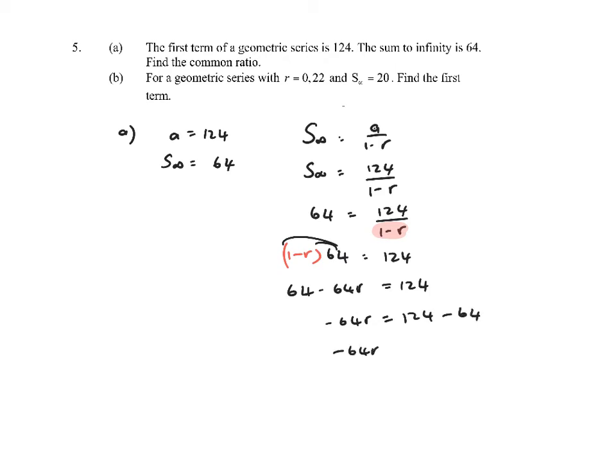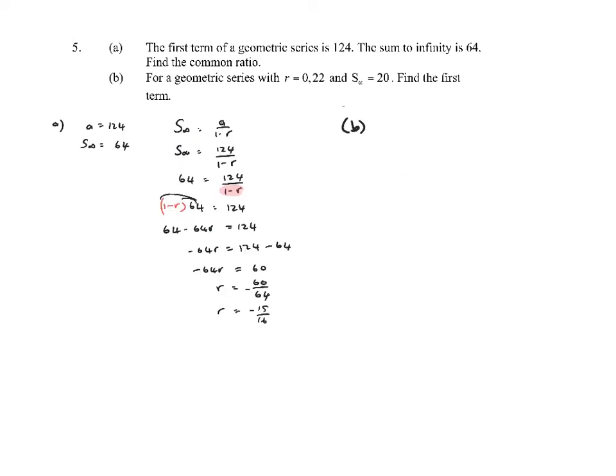Minus 64r is therefore equal to 60, so r is equal to minus 60 over 64. And if you simplify that, you're going to get negative 15 over 16. Right. Let's look now at question B.